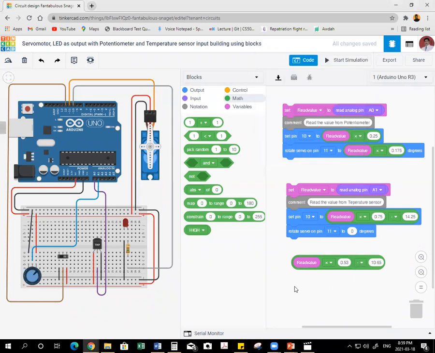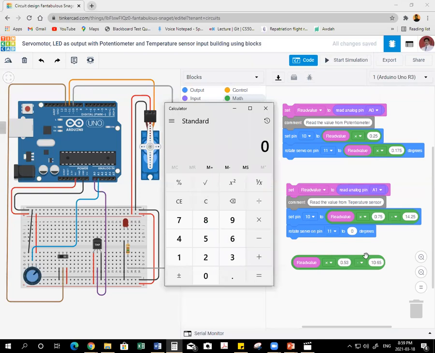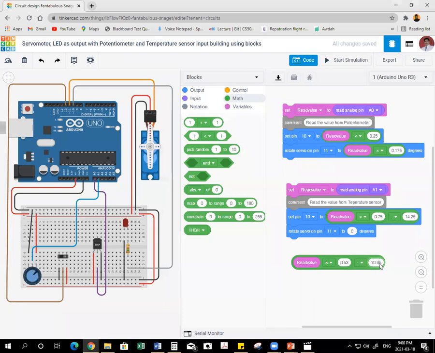So multiply by 0.53. 359 multiplied by 0.53 is 190.27. It is not coming. We need 180 degrees only, or 179 also okay. So minus 180, 10.27. No problem.